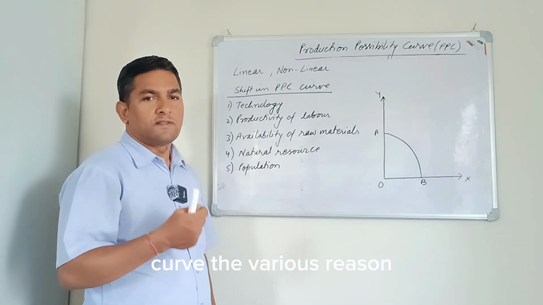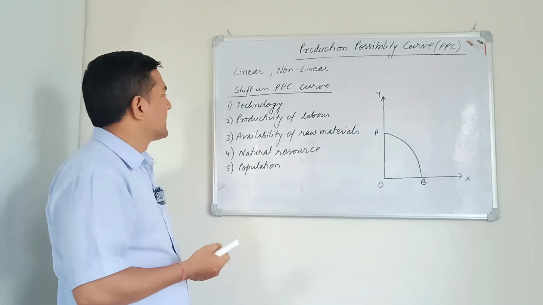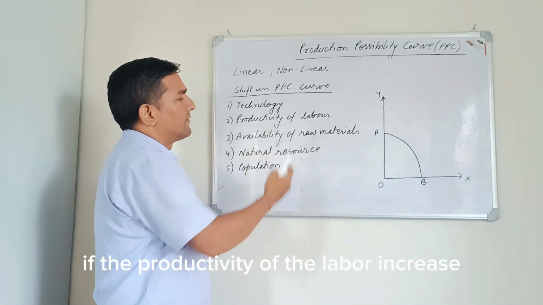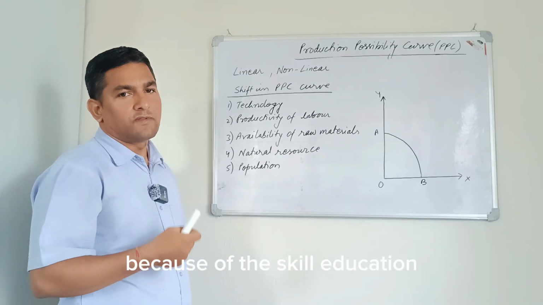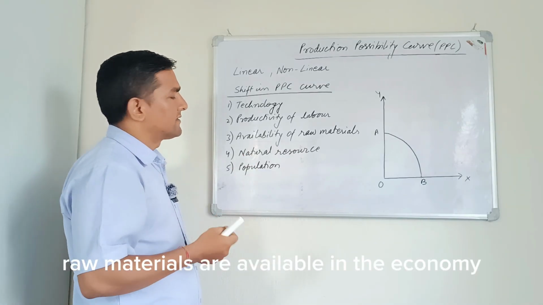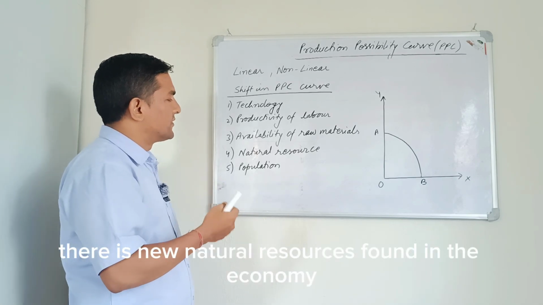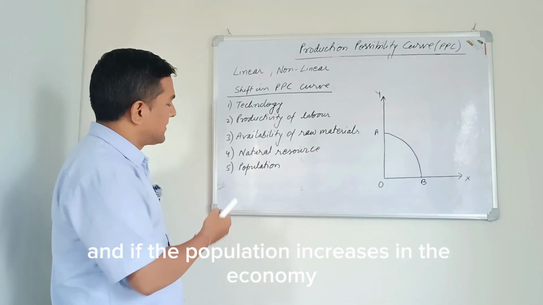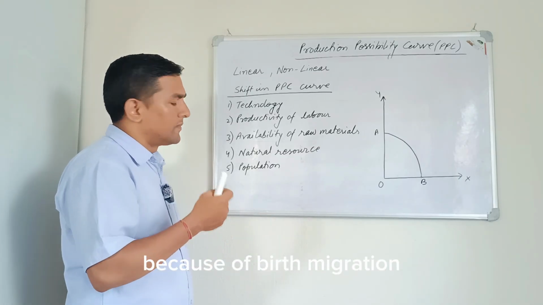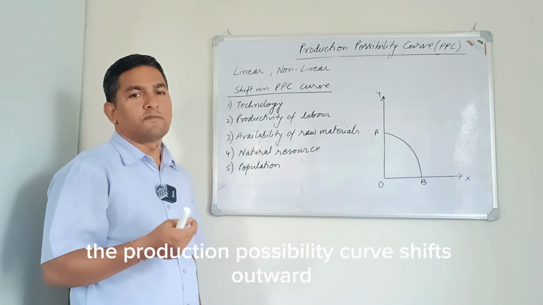The various reasons that lead to the outward shift in the production possibility curve are improvement in technology. If the productivity of the labor increases because of skill, education, etc. If more raw materials are available in the economy, and new natural resources are found in the economy, and if the population increases in the economy because of birth, migration, etc., because of all these reasons, the production possibility curve shifts outward.